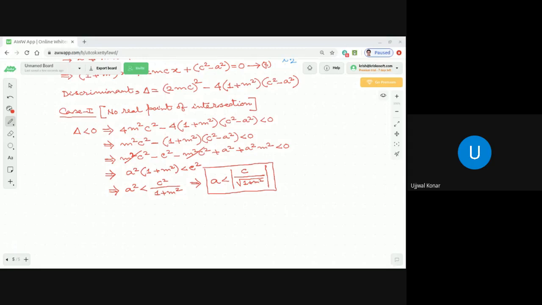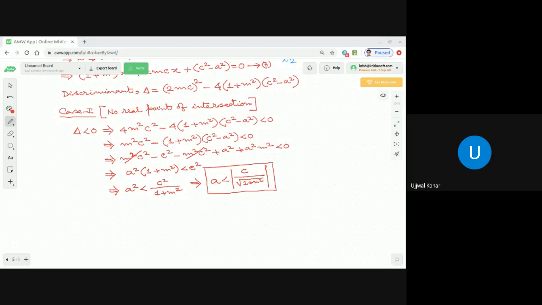And in case 3, when delta is greater than 0, there are two intersecting points. Correct? So now, dear students, we are going to do the discussion of case 2. Let me write it down properly.